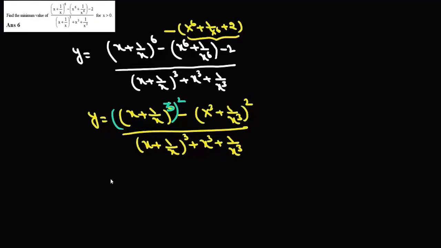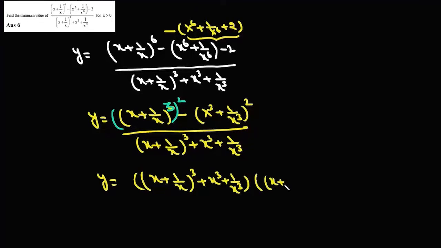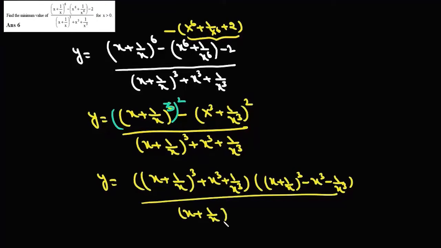So using the formula we can write this as y equals a plus b, and there will be x plus 1 upon x whole cube plus x cube plus 1 upon x cube, into a minus b, and that will be x plus 1 upon x whole cube minus x cube minus 1 upon x cube, whole divided by x plus 1 upon x whole cube plus x cube plus 1 upon x cube.